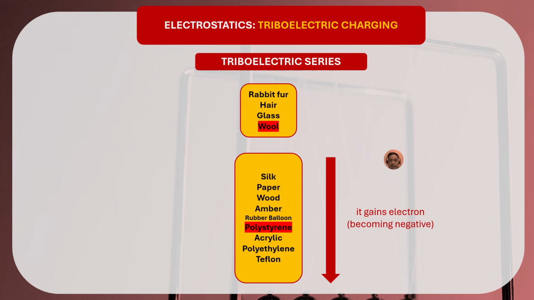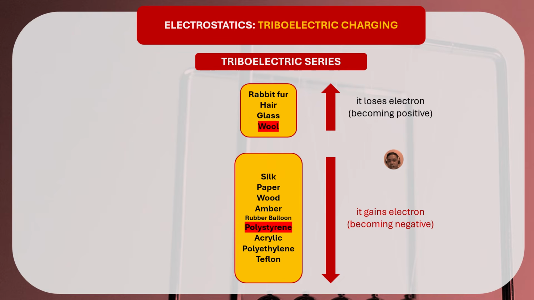Okay. And on the other hand, when you go up the series, from wool to rabbit fur, the electron affinity of these materials is lower because they tend to lose their electrons easily. When you compare wool and rabbit fur, the wool will more easily donate or transfer its electrons than the rabbit fur.